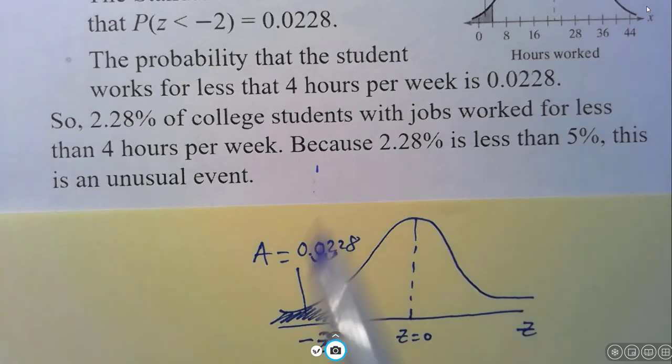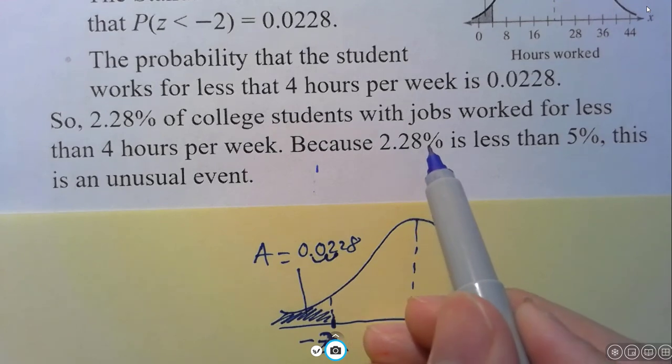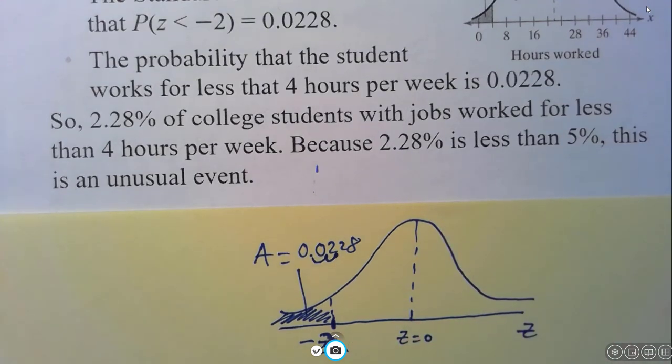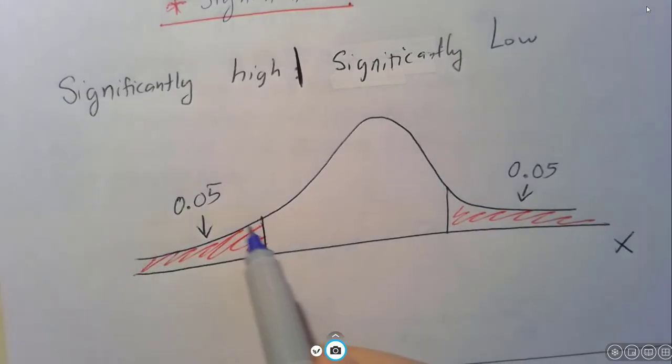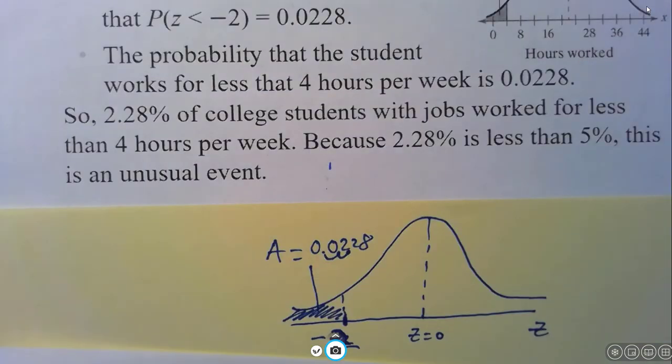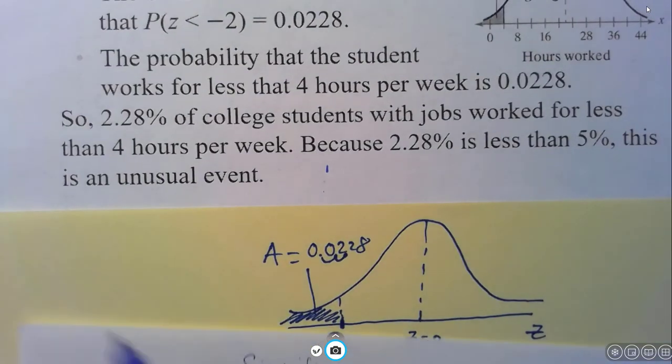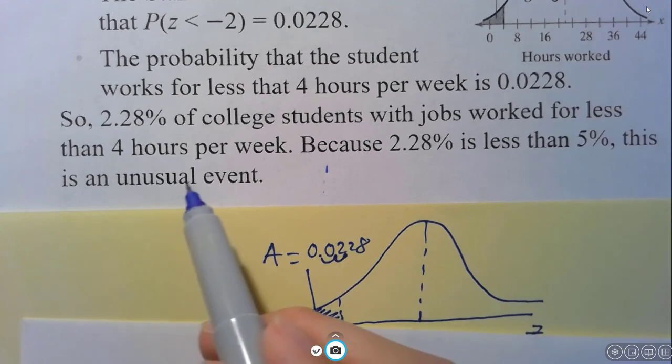And because 2.28% is less than 5%, or this is in the bottom 5% of the curve, we consider that to be significantly low, or an unusual event.